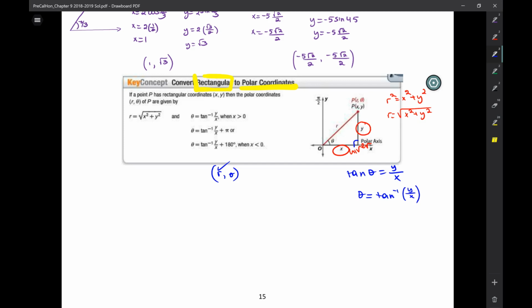Now, when you find theta from the inverse tangent and put it in your calculator, you're going to get what looks like a reference angle. So for example, 23 degrees, negative 23 degrees. And now it's up to you, the human being versus the calculator, to figure out which quadrant my angle falls in.